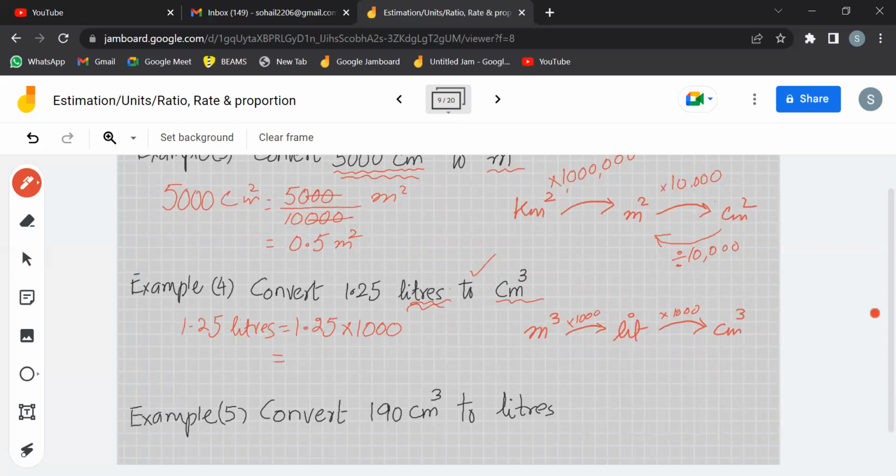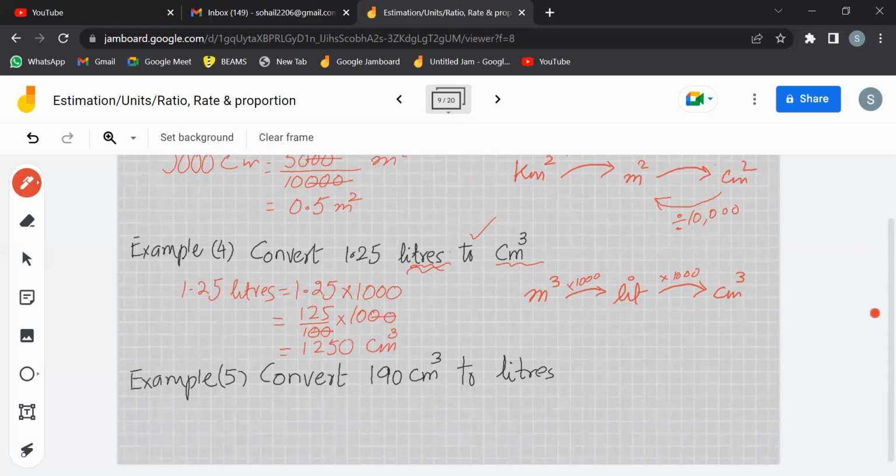You can simplify it by using a calculator or by working zeros with zeros. So the answer is 1250 cubic centimeters.